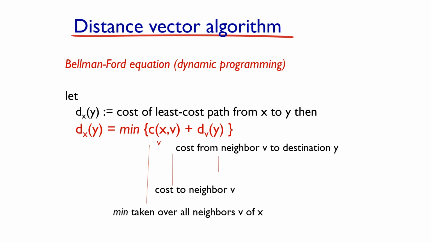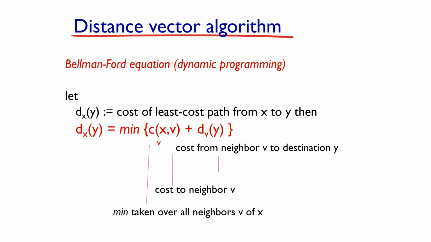And we take the minimum. There will be a set of neighbors for x, and from all those neighbors there will be a path to the final destination also. So x to y means x is the source node and y is the final destination.